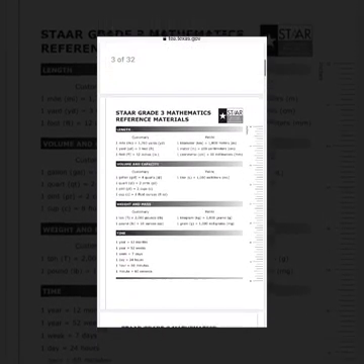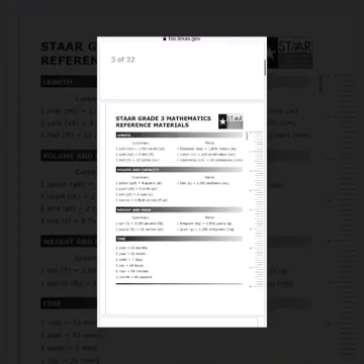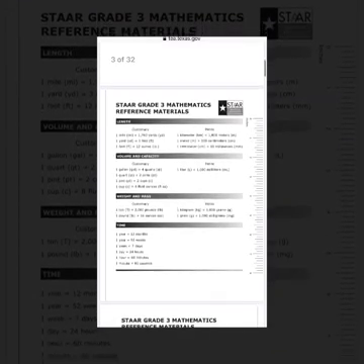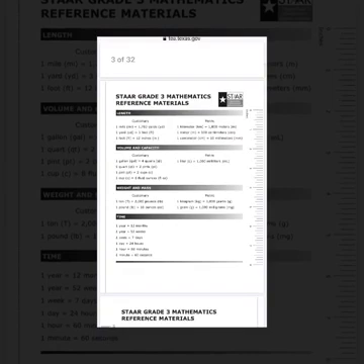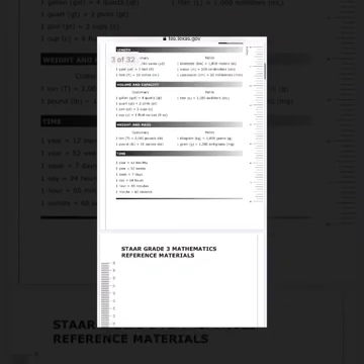Now with third grade, they're not going to use the conversions as much, but there may be one or two questions where it may say something is a pound, there are two of them, how many ounces is that? So they may have to multiply 16 times 2. They'll need to know that a pound is 16 ounces. That kind of stuff. But for the most part, they're not going to be doing any major conversions.